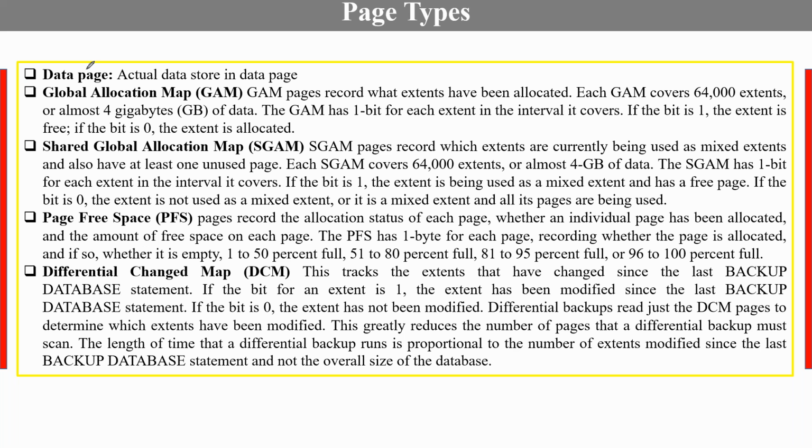It will make an entry of how much space is allocated in all the data pages with respect to the object. So all your data pages' free space entries will be available in the PFS page.